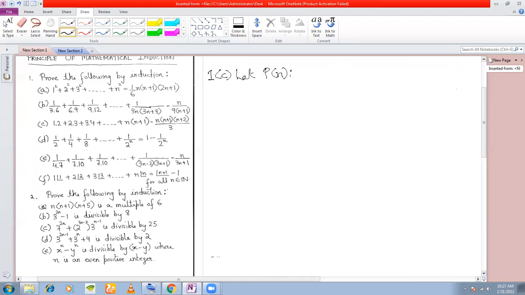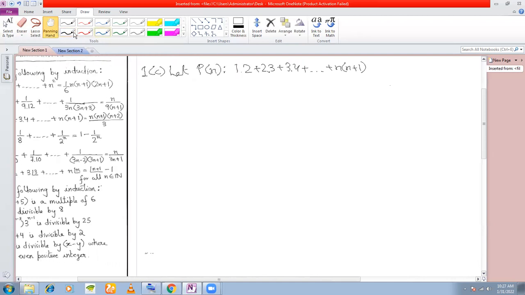Let Pn: 1 into 2 plus 2 into 3 plus 3 into 4 up till n into n plus 1 is equal to n into n plus 1 into n plus 2 divided by 3 be the given mathematical statement.